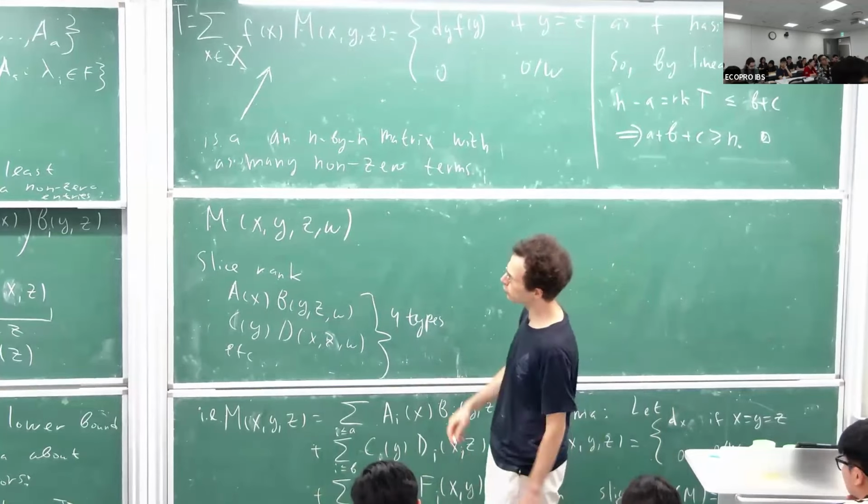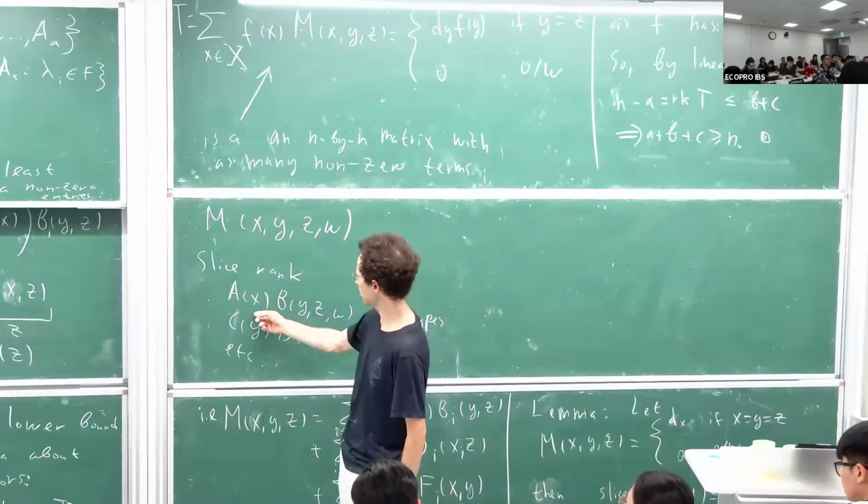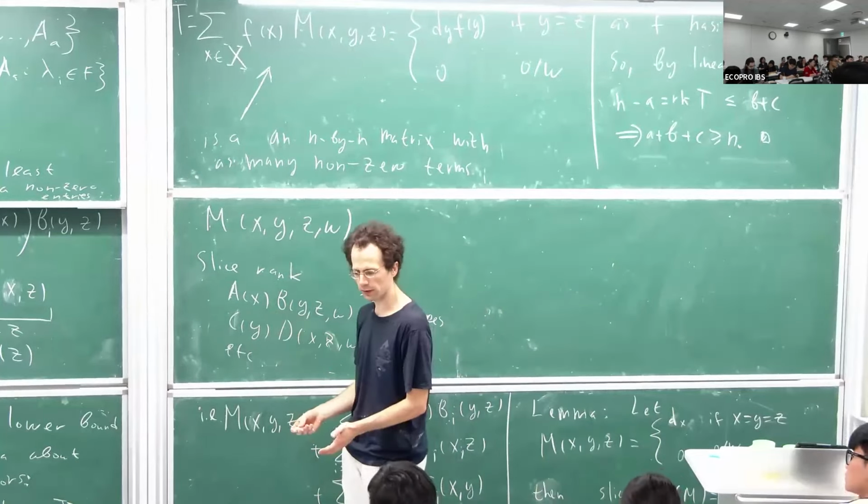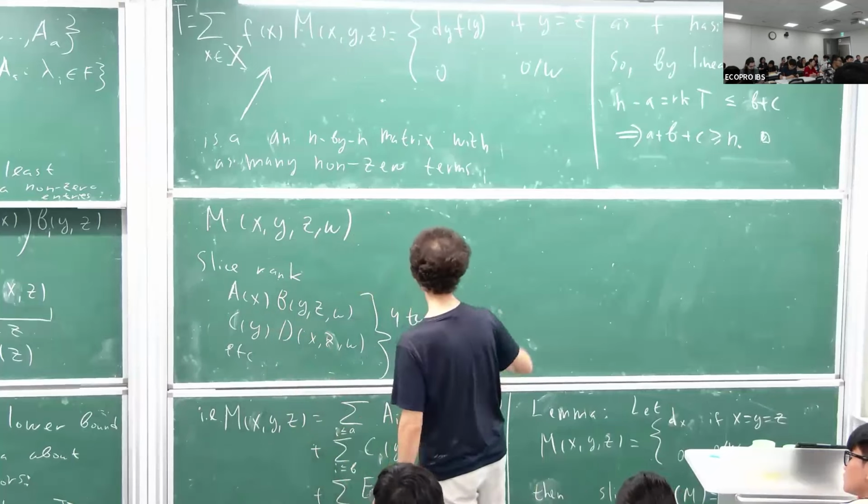And the proof is going to work exactly the same, right? We're going to look at the A's, find something in the orthogonal complement, take an inner product, and repeat.